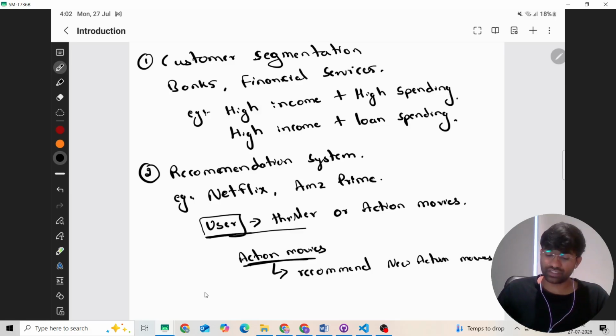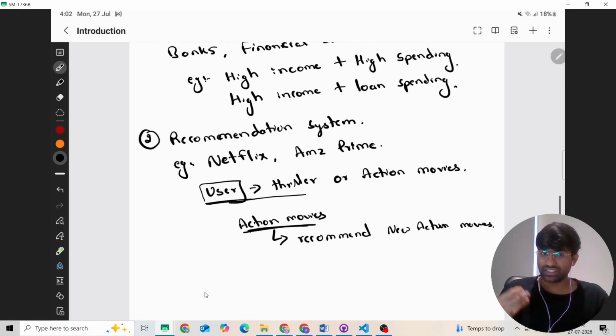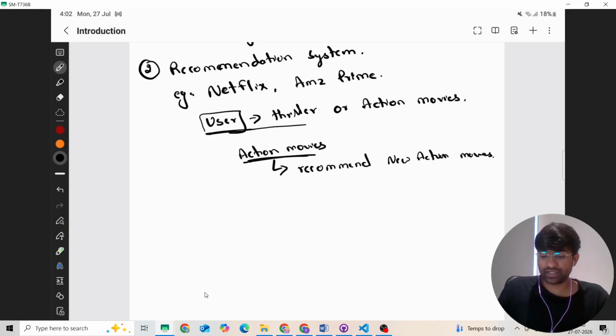This way it will instigate the customer to watch the new movies. It will identify what the customer is interested in.